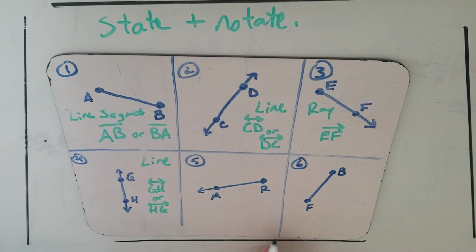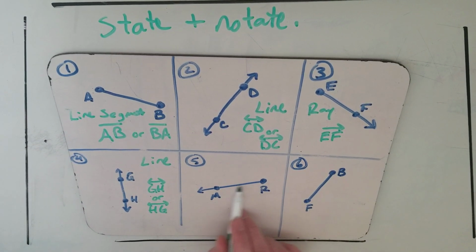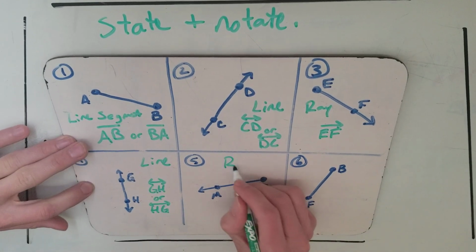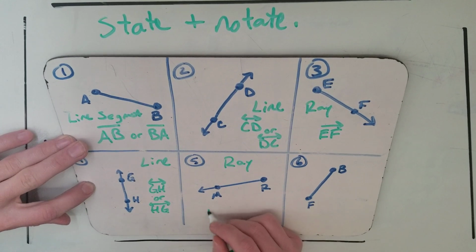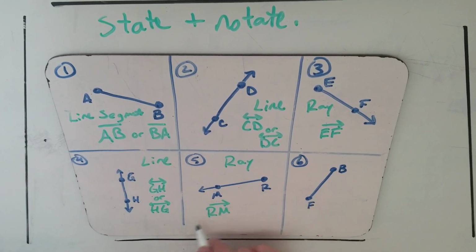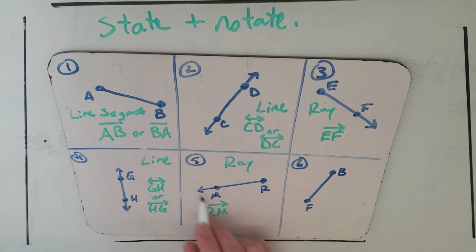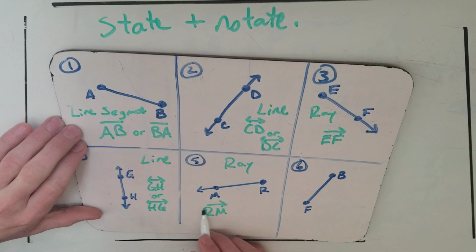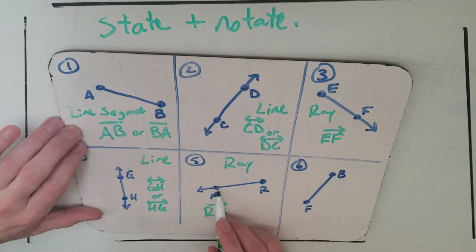Number 5, we have 1 endpoint, and we're going on infinitely in the other direction through point M. That means we have a ray, and we would call it ray RM. Has to be RM. Start with your endpoint, going through M, and your notation should have the arrow just in one direction, starting at your endpoint and going through, in this case, M.